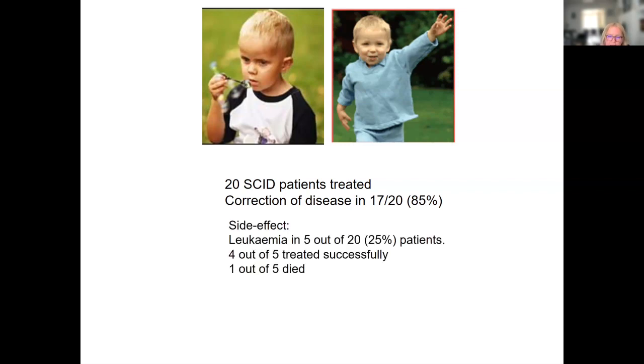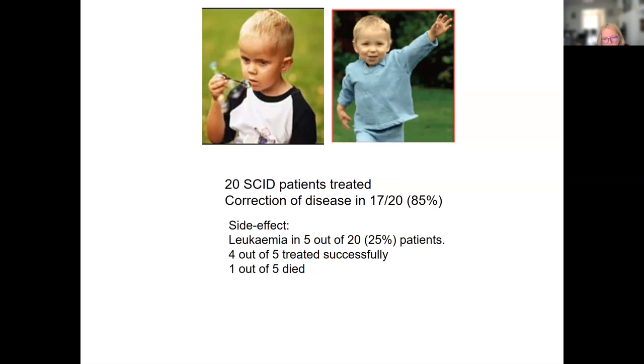However, there were some side effects. 5 out of the 20 children, so about 25%, developed a leukemia because the vector had integrated into the chromosome and caused a gene to be upregulated and caused cells to divide in an uncontrolled manner, which is basically leukemia. 4 out of 5 of these children were very successfully treated using standard anti-leukemia drugs and are well.